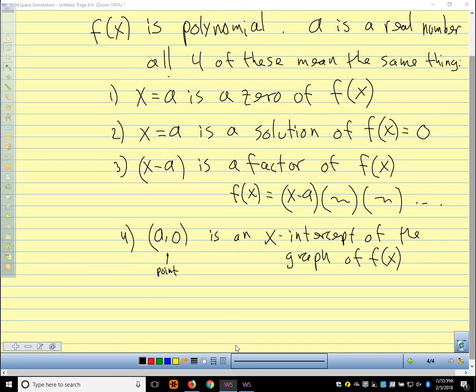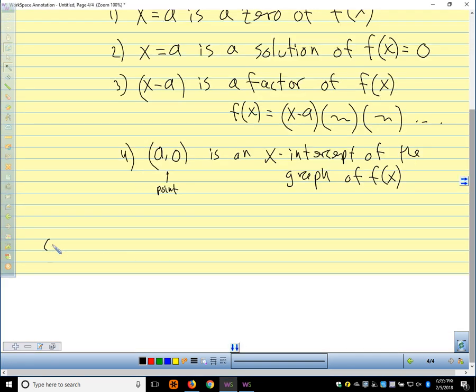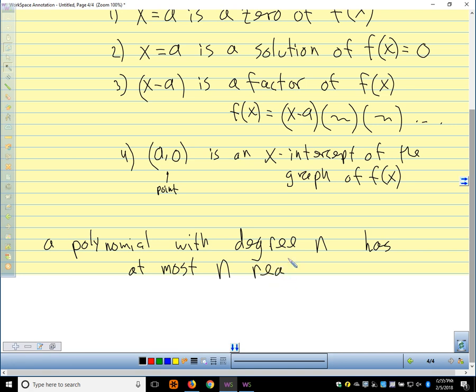I'm going to say one other thing here. A polynomial with degree n, so our highest power on x is n, has at most n real zeros and n minus 1 maximums and minimums.